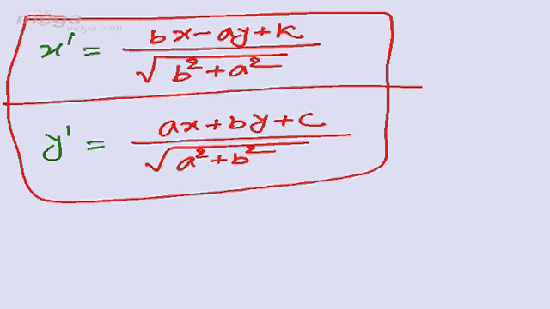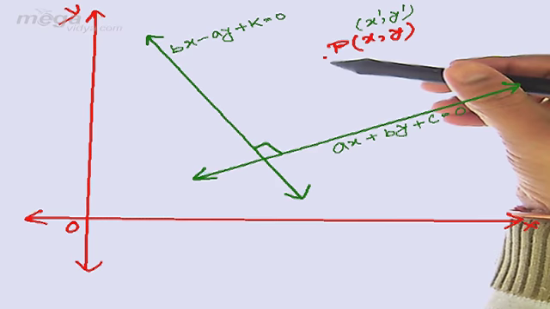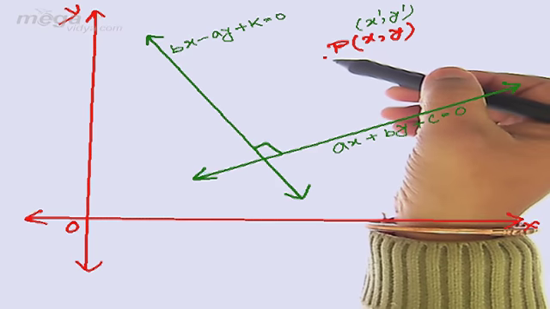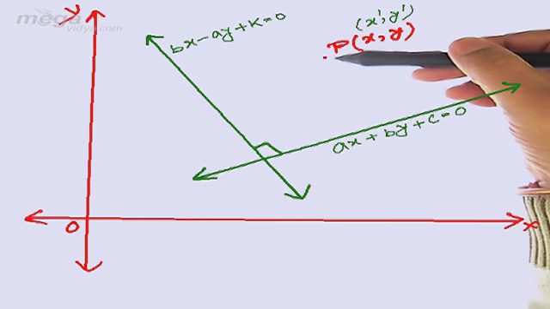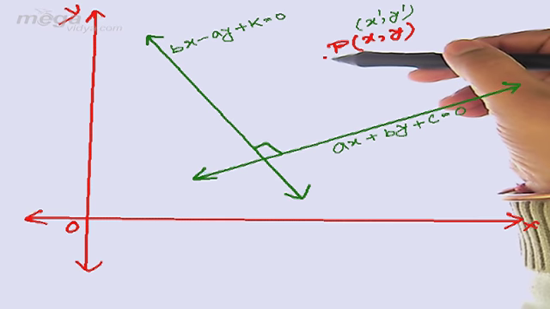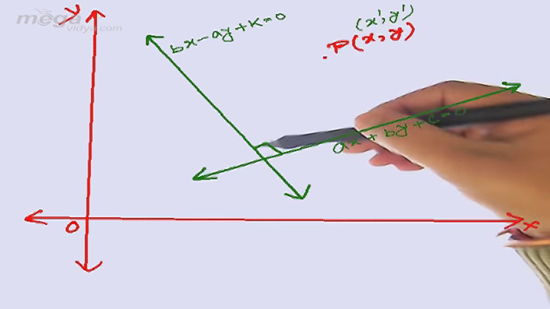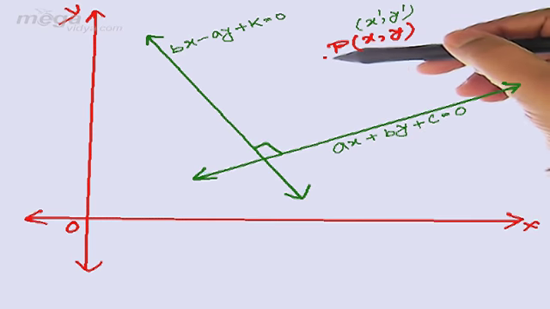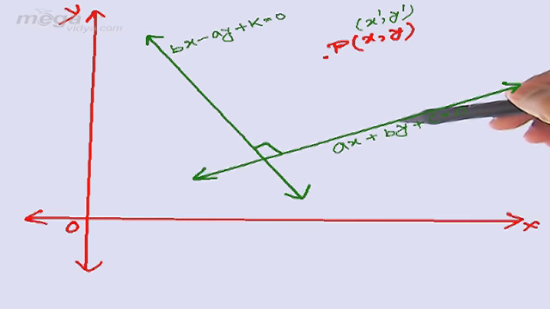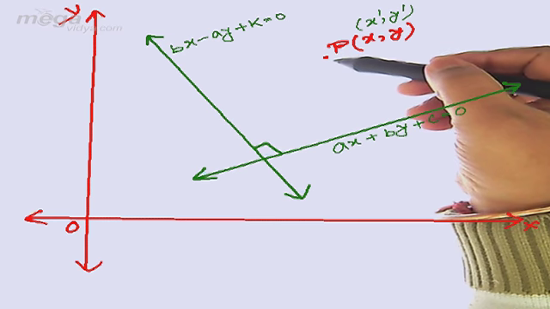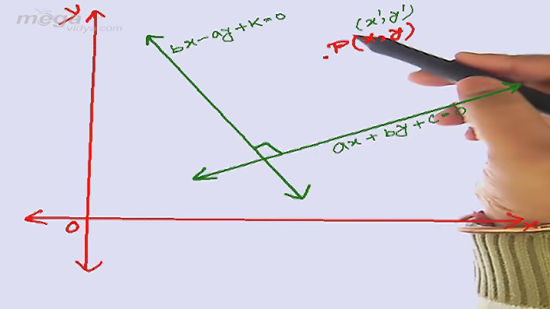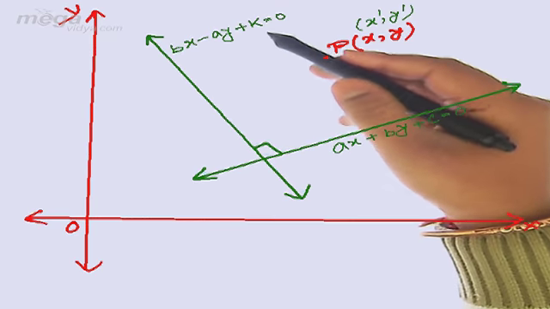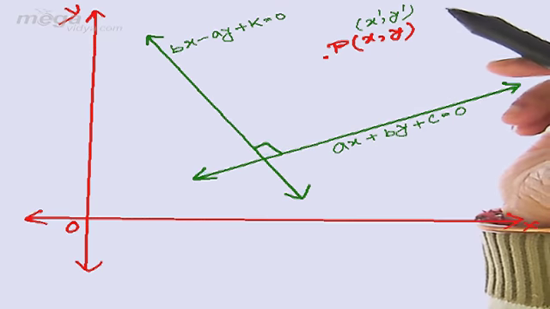Now student, how will we find this? You can see x is the distance of the point from the y-axis. In this situation, x dash will be the distance of the point from this axis, and y dash will be the distance of the same point from this axis. So if you find the distance of the point from this line, it will be x dash. The distance is bx minus ay plus k divided by root under b square plus a square.